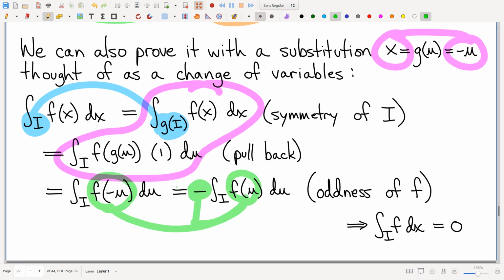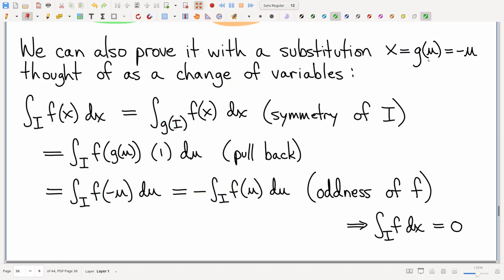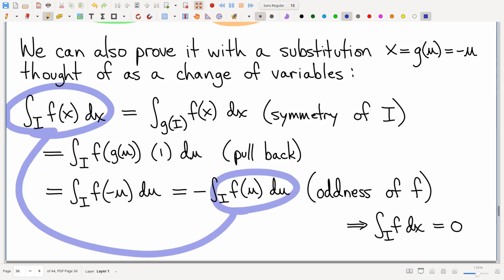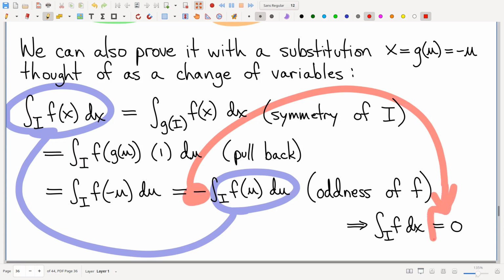So you can see the oddness right here, and you can see the symmetry right there. And the nice little punchline is that, putting this all together, we have just shown that this integral is its own negative. And what number could possibly be its own negative? Well, only 0. And so this integral has to be 0. So, a real clever little proof. And notice again that the substitution, which is just single variable change of variables, is the trick that makes that work.